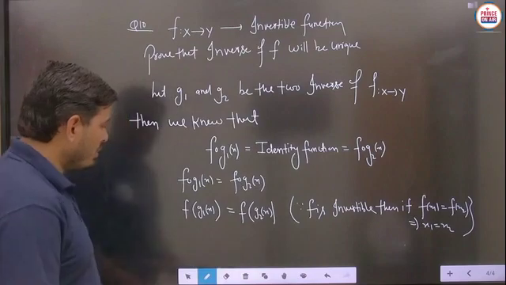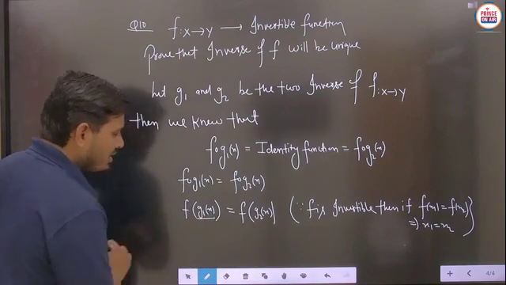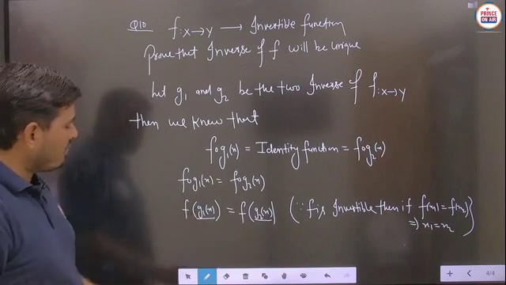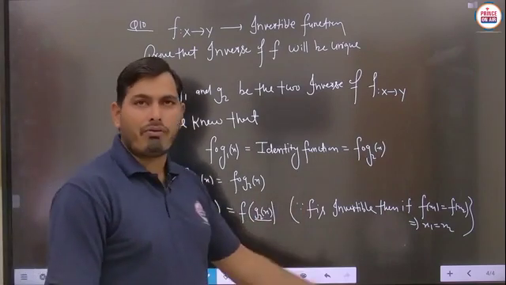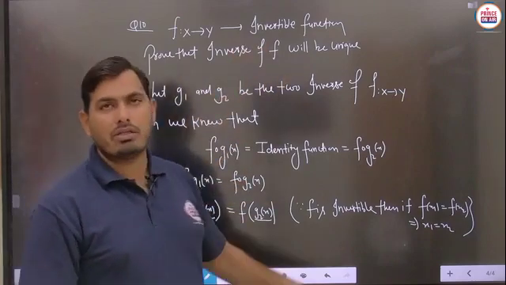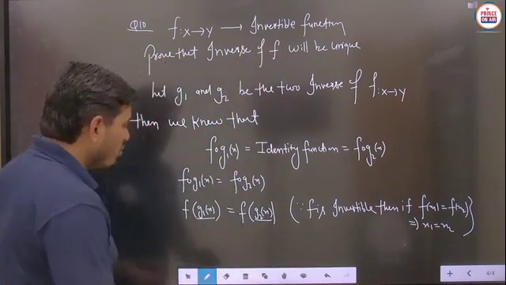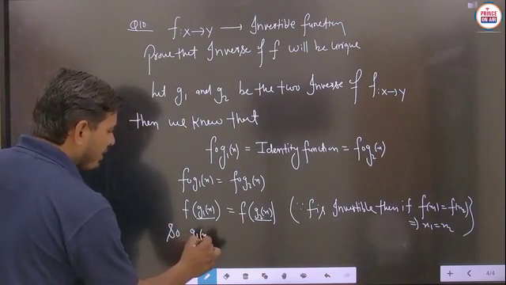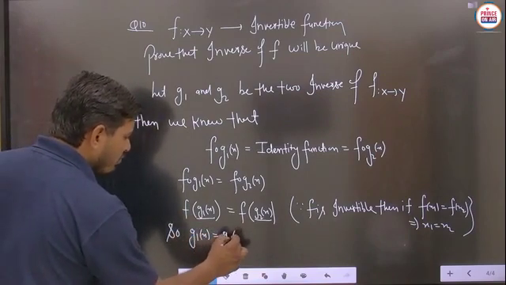So basically student, if this whole part is taken as x1 and this whole part is taken as x2, then the situation will be like this: f of x1 equals f of x2, and you know very well the given function is always invertible. So f is invertible, then you can say that g1 of x will equal g2 of x.